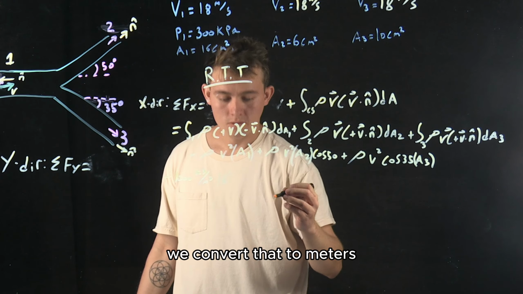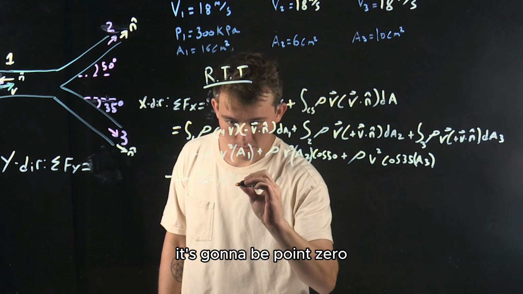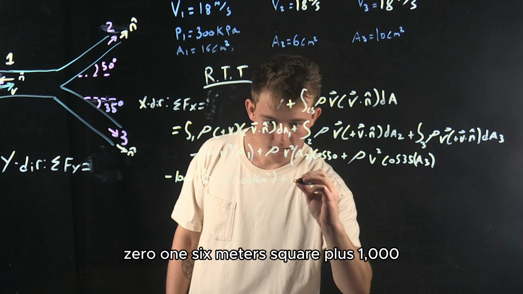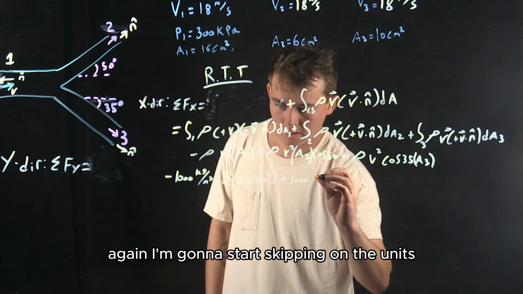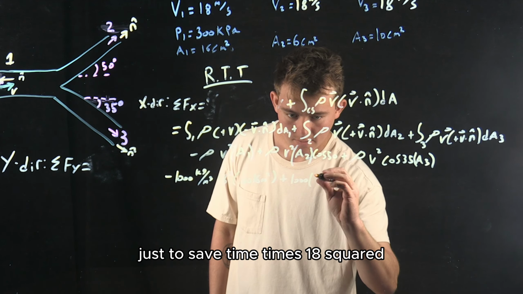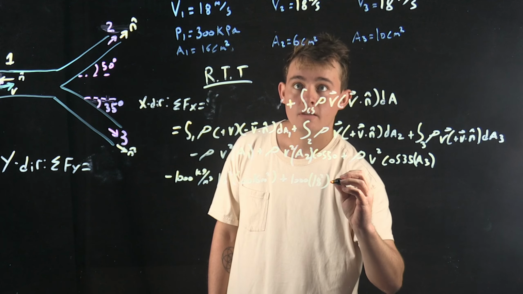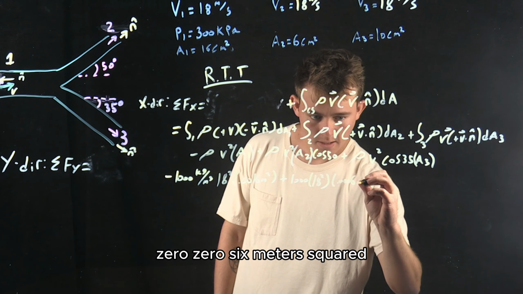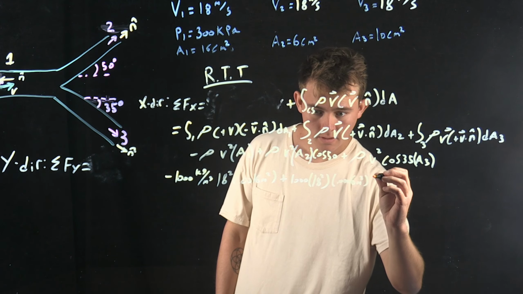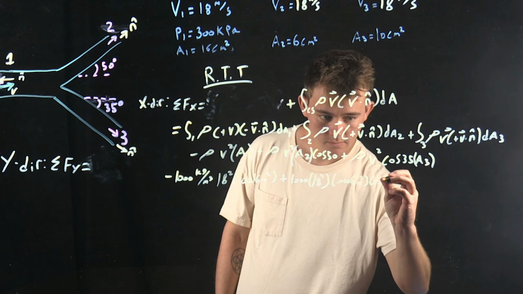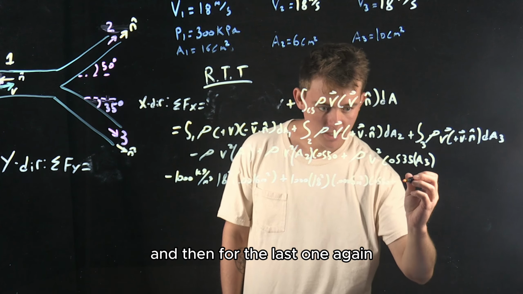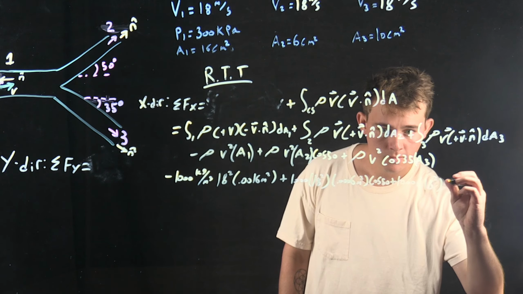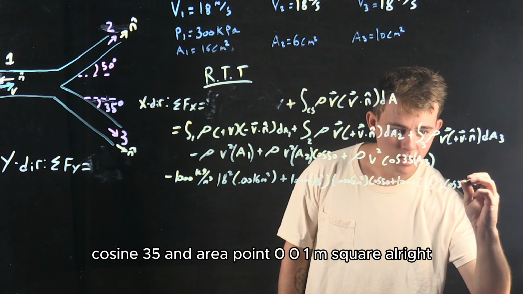If we convert that to meters, it's going to be 0.0016 meters squared. Plus 1,000 again. I'm going to start skipping the units just to save time. Times 18 squared, area of 6, so we have 0.0006 meters squared, cosine 50. And then for the last one, again, we have 1,000 times 18 squared, cosine 35, of area 0.001 meters squared.